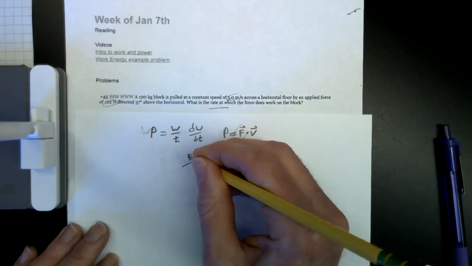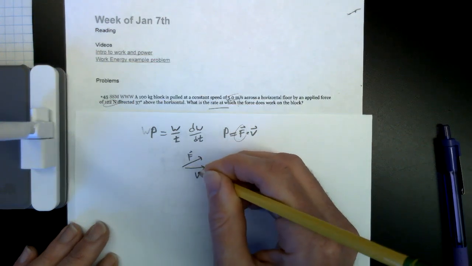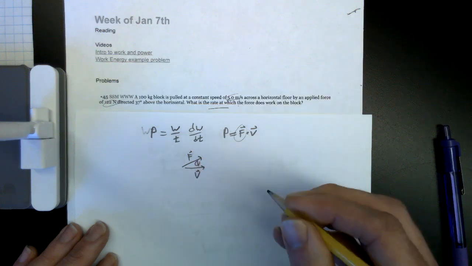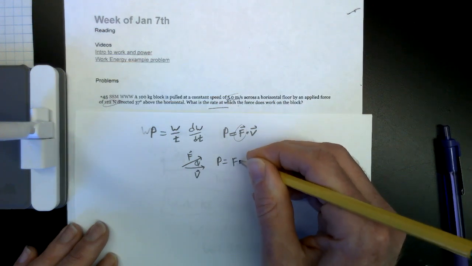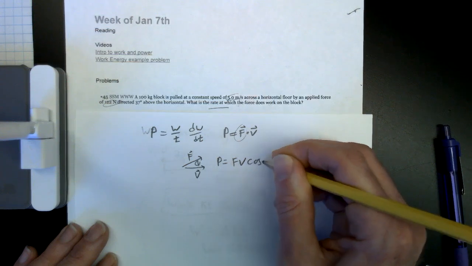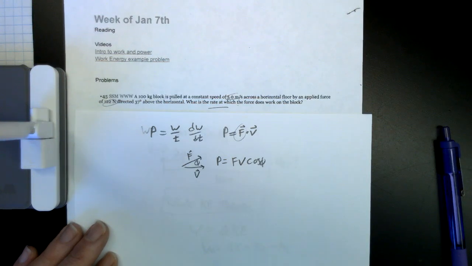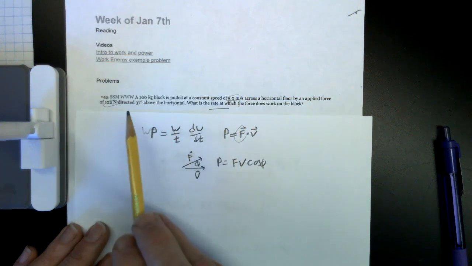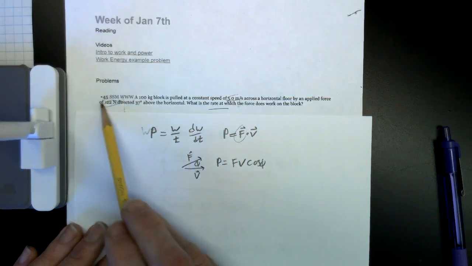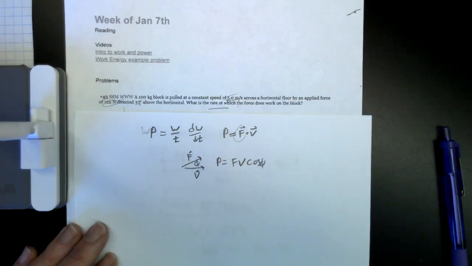If my force is this way and my velocity is this way, I need to know the angle between them. So the power is just going to be the force times the velocity times the cosine of the angle between them. And then it turns out to be pretty easy. You've got the velocity, you've got the force right here, and you've got the angle between them, and that's pretty easy to do.